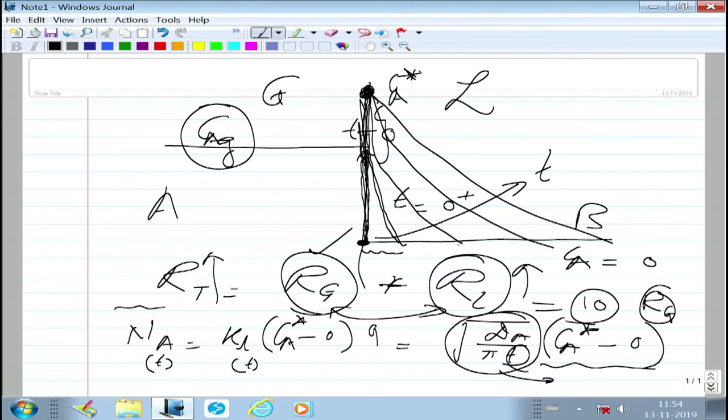We can have a value like this, 50 meter cube per meter square per second. That value is there. But we have no means of calculating the resistance in the gas phase in gas phase terms. But we know that the flux given at time 0 could be measured as flux in the liquid phase with some equivalent thickness.